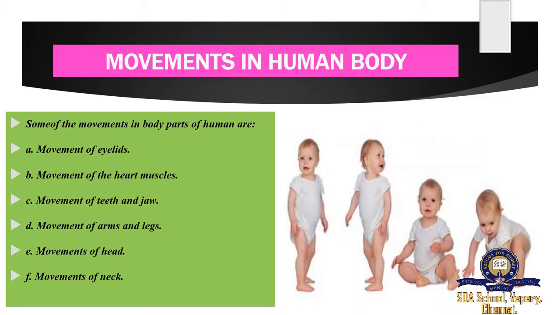Movements of arms and legs: with their help we carry things and walk from one place to another. Movement of the head: for our convenience, we turn and see things around us with the help of our head. Movements of the neck: the neck also helps us move our heads to see the things around us. Here also some of the movements of human beings are given.